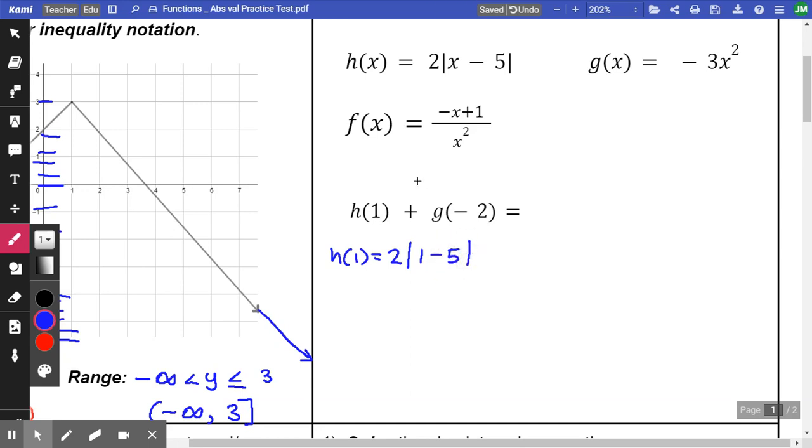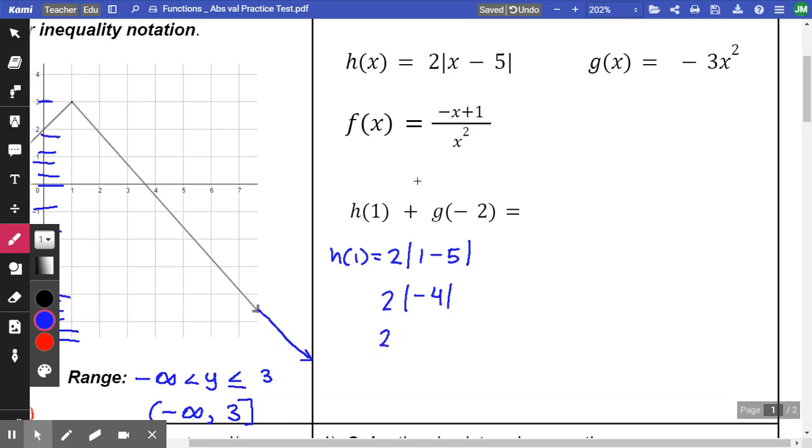Let's try to simplify this a little bit. 1 minus 5 is -4. And then 2 times the absolute value of -4. Let's simplify the absolute value first. The absolute value of -4 is +4.